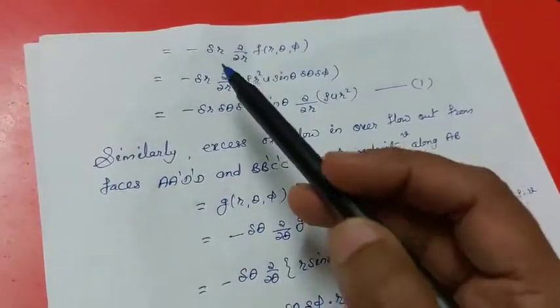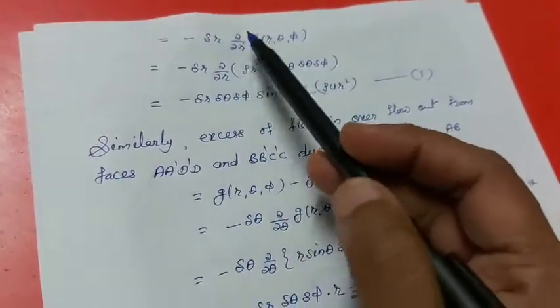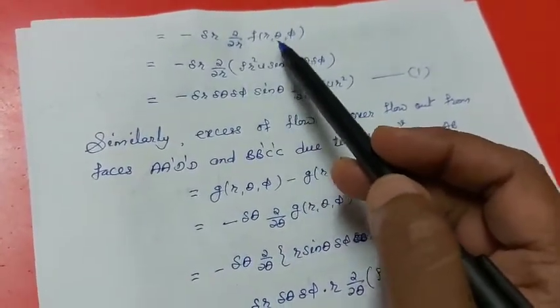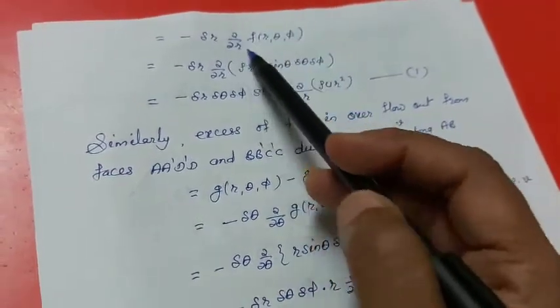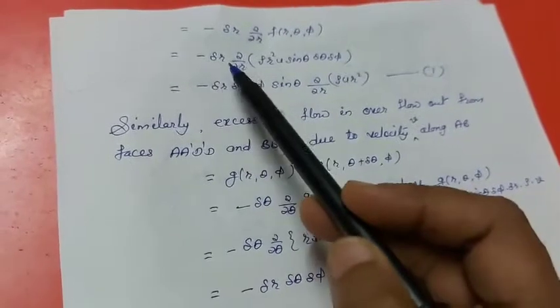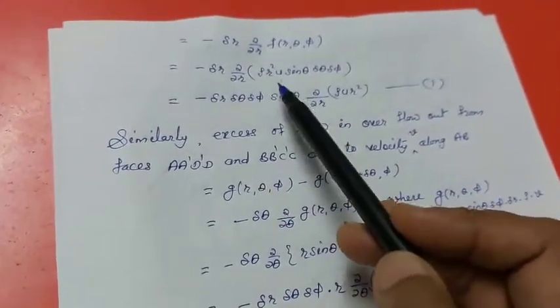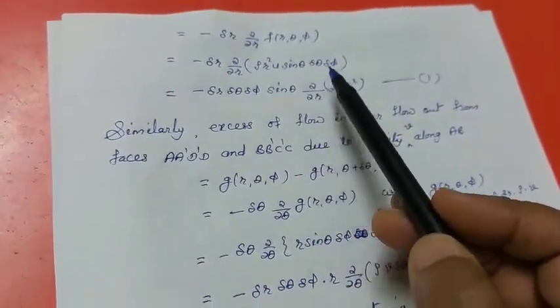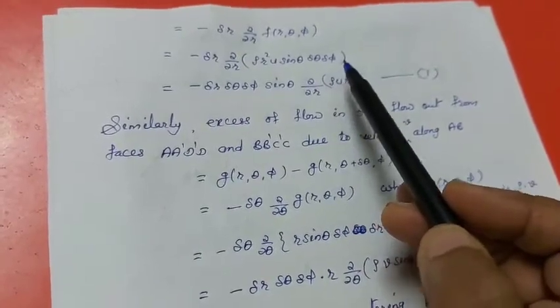Then substituting these values we get minus delta r del by del r of f of r, theta, phi. Now, substituting the value of f of r, theta, phi, we have minus delta r del by del r of rho r square u sin theta delta theta delta phi.